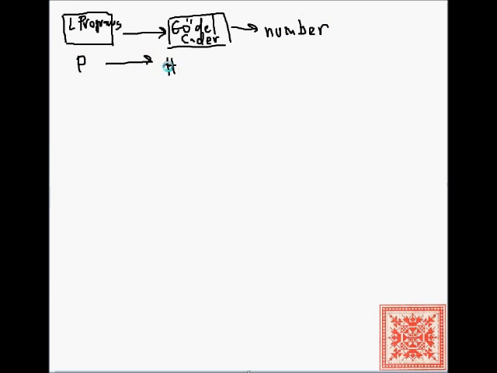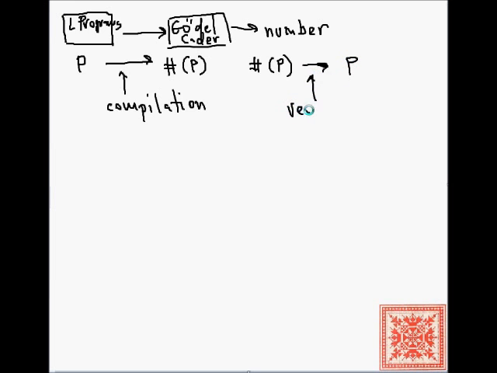So we're going to take the program, feed it into the Gödel coder, and the Gödel coder will compute a natural number. In other words, the program P will be mapped to the number of P, which is a natural number. That's the compilation. Later on, we'll talk about the process of reverse compilation, whereby we take the number of some program and extract the source code.